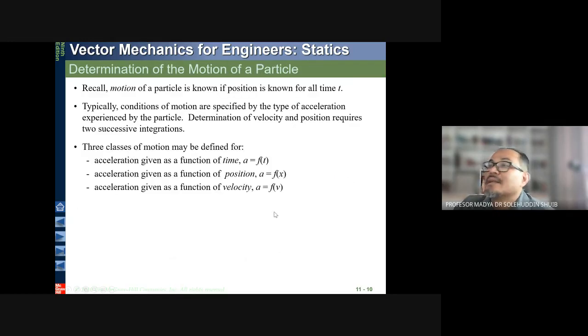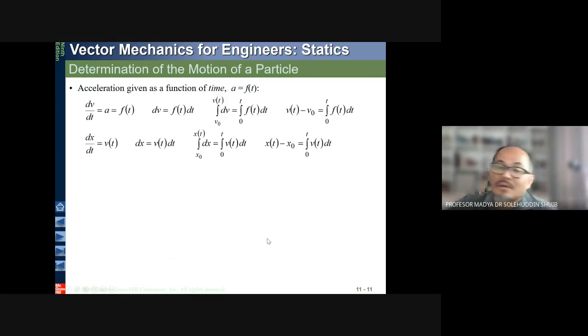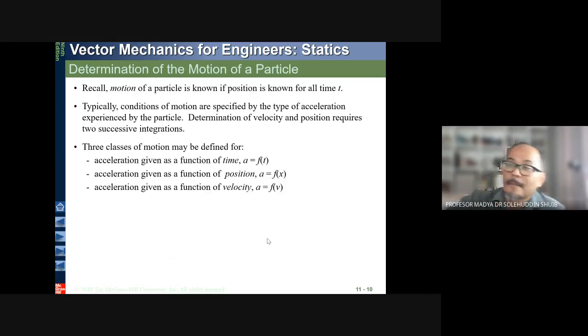This slide just shows you the concept of motion of a particle. When you are dealing with this type of problem, the motion of the particle is known if position is known for all time t.